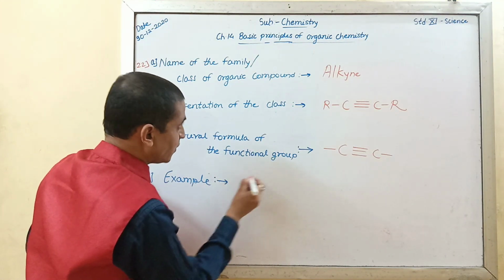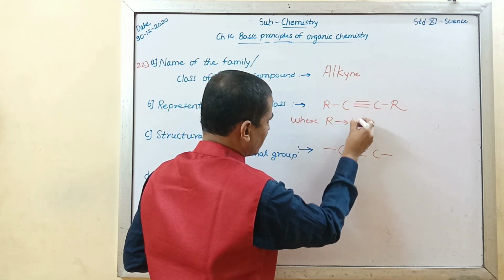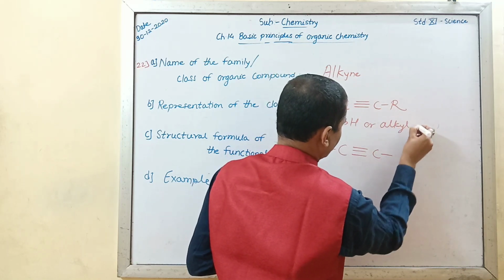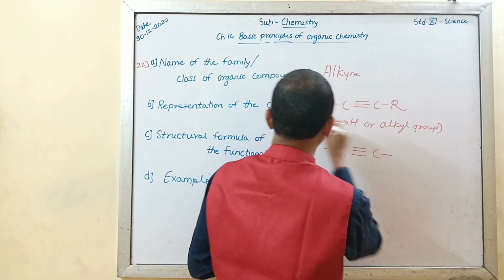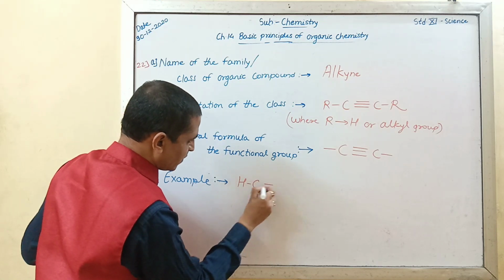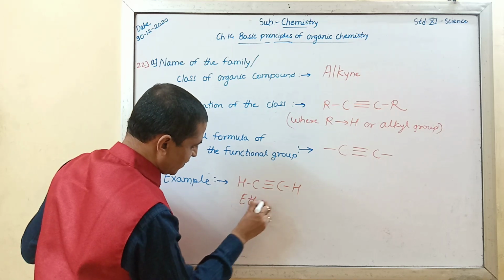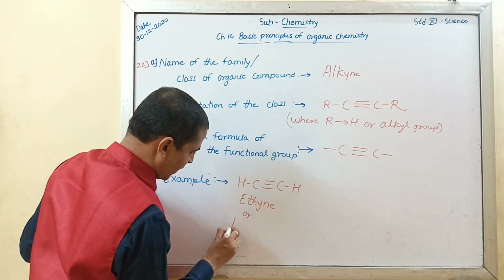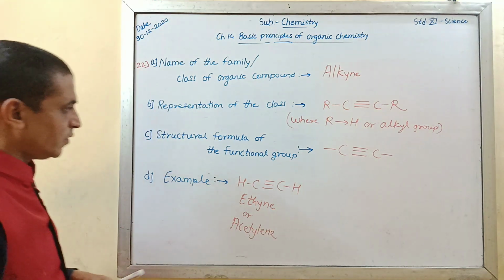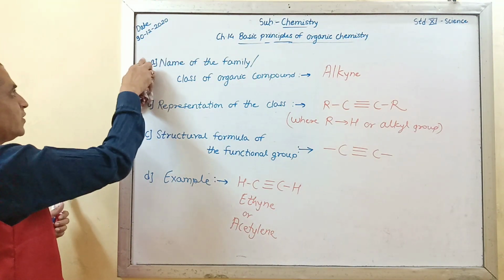See the example, where R means H or an alkyl group: ethyne, which is also called acetylene. Now the last one is remaining.